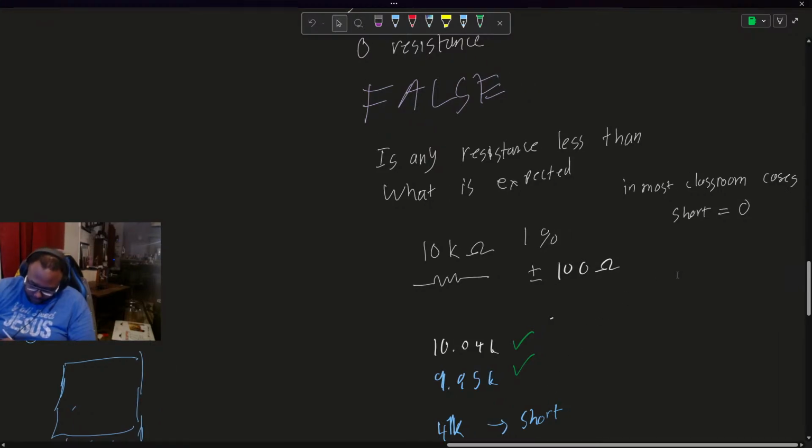In real life, a short is less than expected.